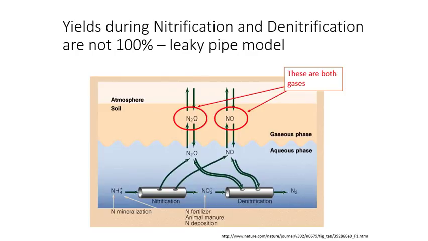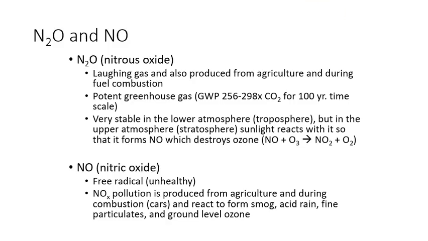During both processes, nitrous oxide and nitric oxide can escape. Both are gases, and so they tend to escape to the atmosphere. Nitrous oxide, also known as laughing gas, is a potent greenhouse gas. It is stable in the lower atmosphere, but in the upper atmosphere it reacts with sunlight to form nitric oxide, which destroys ozone.